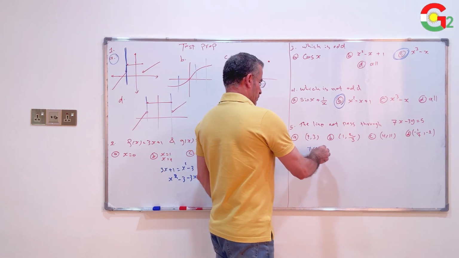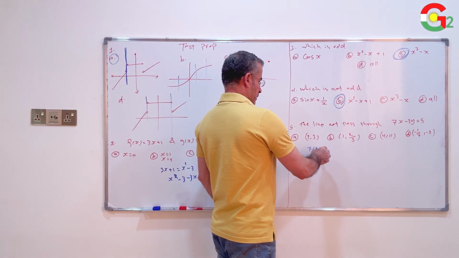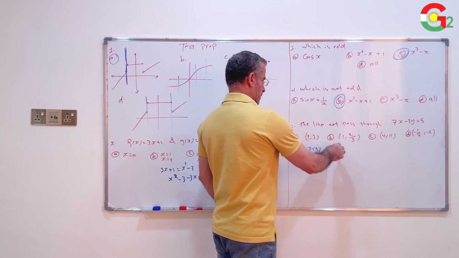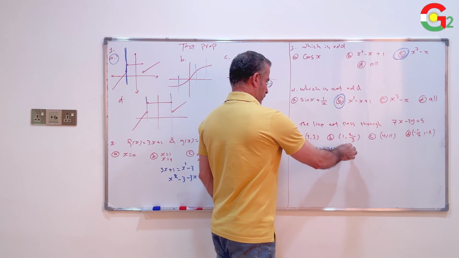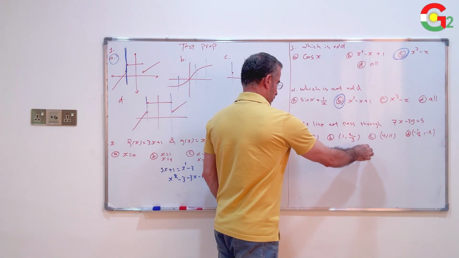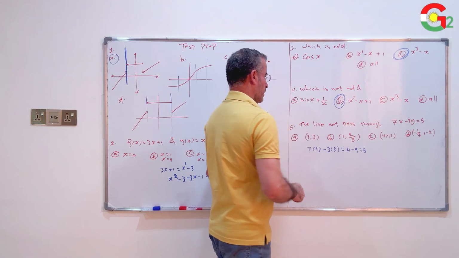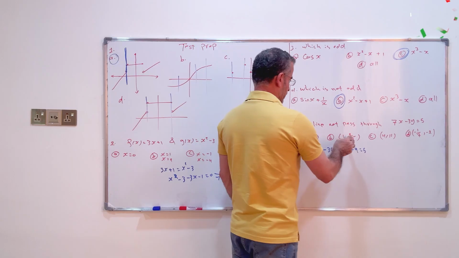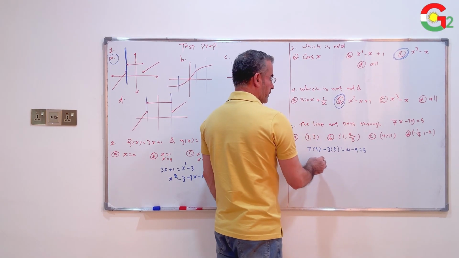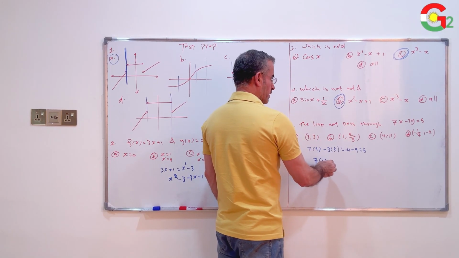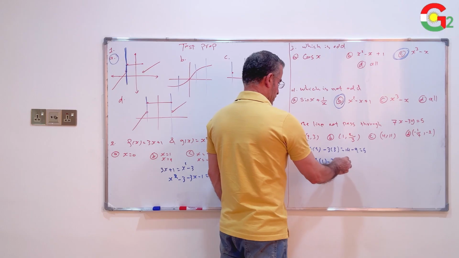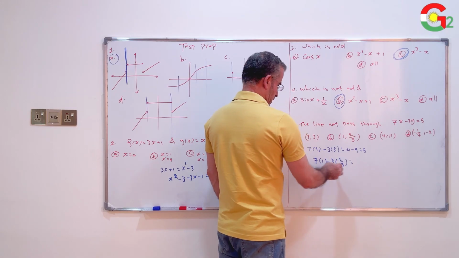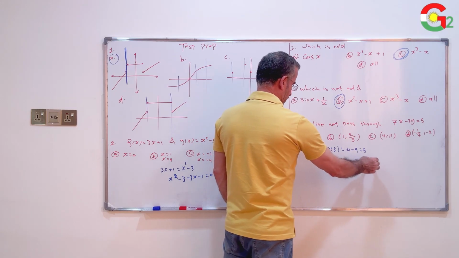5 times 2, 7 times 2 minus 3 times 3 equals 14 minus 9 equals 5. This point passes, so it is not the right choice. The second point: 7 times 1 minus 3 times 2 over 3 equals 7 minus 2 equals 5.